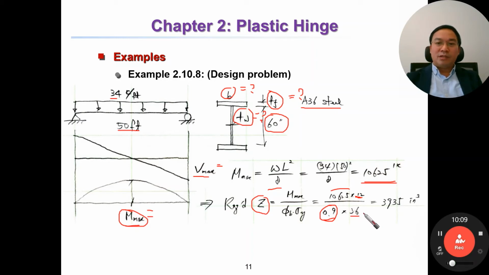And finally we have the requirement of the Z, the plastic section modulus, equal to 3935 inch.